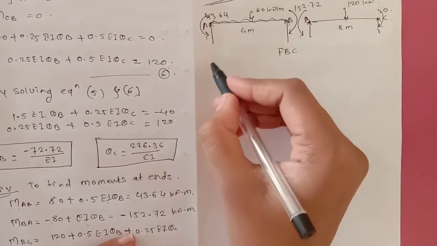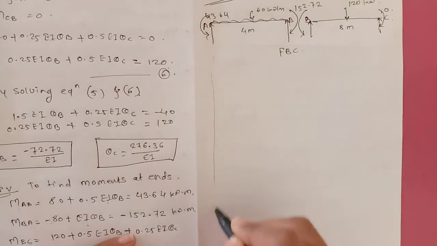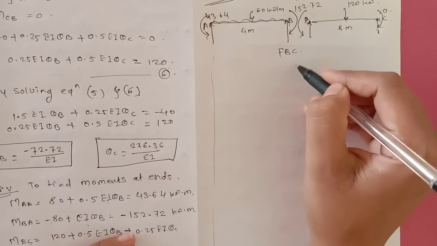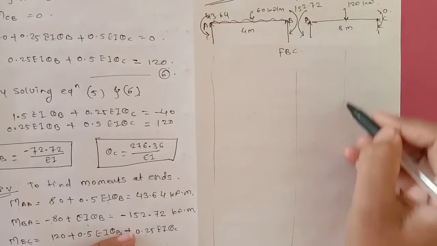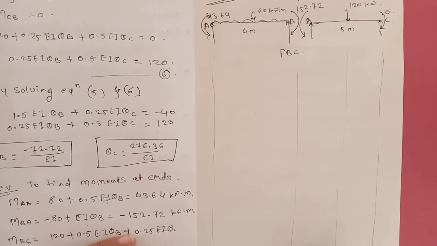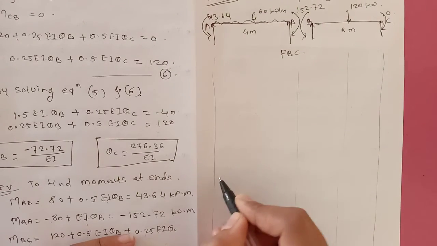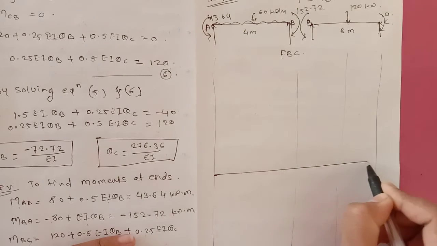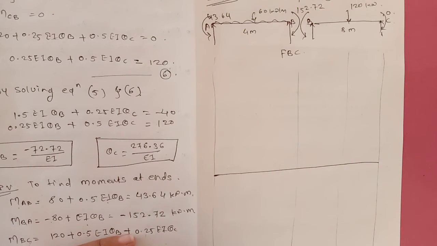Then from this free body diagram, to draw the bending moment diagram, take projection lines, and after that draw the bending moment diagram. First take the neutral axis.